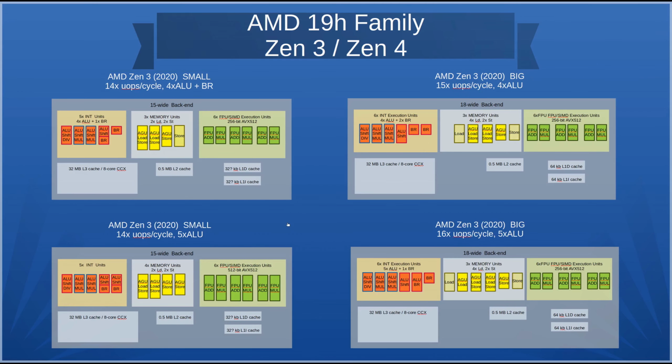The next thing is a 5 wide integer which is using 5 LAU units, and the last has a shared branch, which is clearly pretty nice. This I would expect maybe from Zen 3, like the most probable. This is my favorite one.